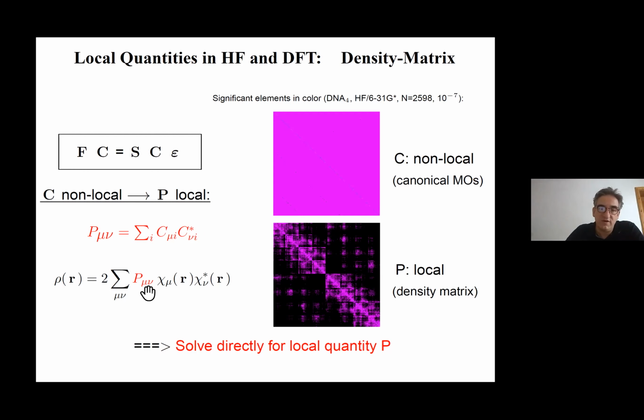So the behavior of the one particle density matrix is much more physical than that of the canonical molecular orbitals. And here you see the behavior for a typical system, a DNA system. The blacks are the zeros, and the colored elements scale only linearly with molecular size. So there's a lot of sparsity, and that's what we need to exploit.